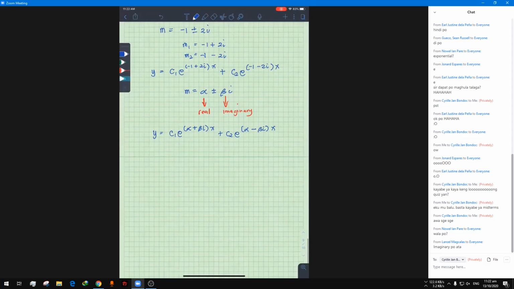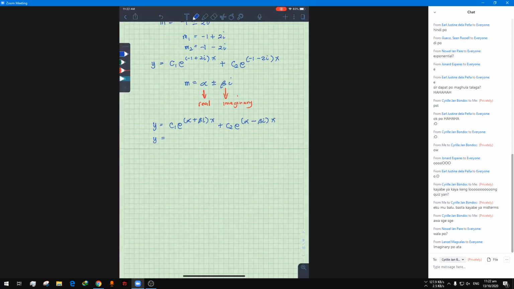Tapos using the properties nung exponential or sa algebraic lang ng exponent, C1 would be the same as e raised to alpha x, tapos e raised to beta I x. Pangalawa, C2 would be e raised to alpha x, e raised to negative beta I x.